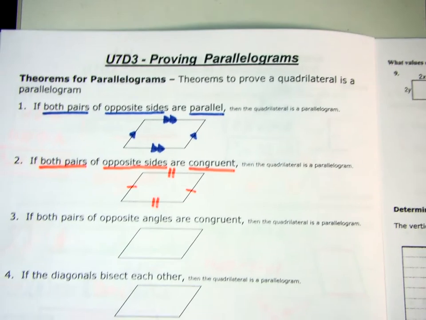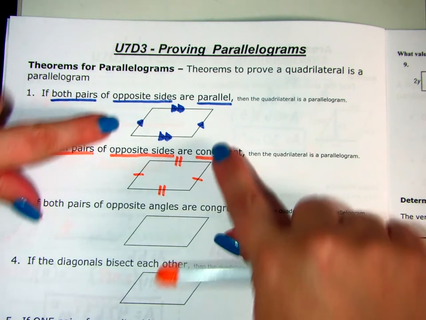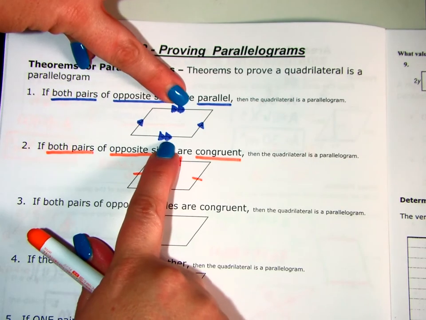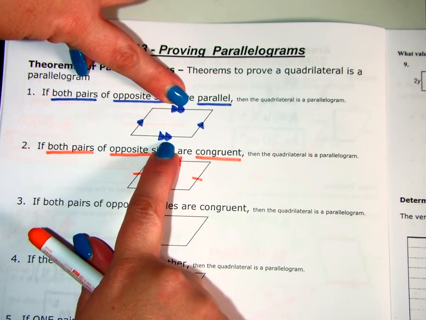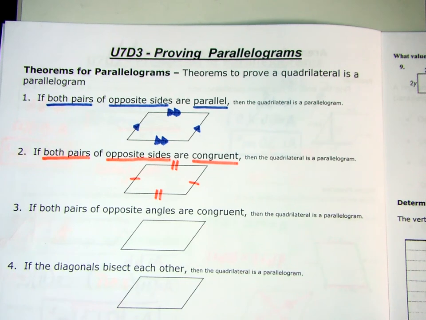If there's a way to show mathematically that you have parallel lines, for example, on a graph, if you can show that these 2 have the same slope as each other, then they're parallel. If these 2 have the same slope, then they're parallel. So on a graph, you could compare slopes. Sometimes you'll have diagonals drawn in, and they'll give you some angles on those diagonals, and that's to help you prove things are parallel.